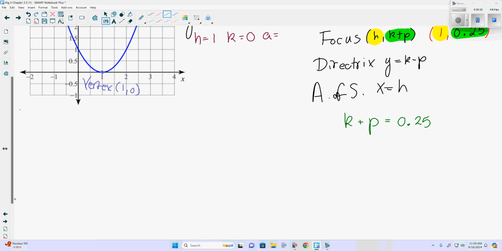Well, yeah, k is 0. So we're saying 0 plus p is 0.25. That's actually really nice. Because what is 0 plus p? Just p. So p is 0.25.